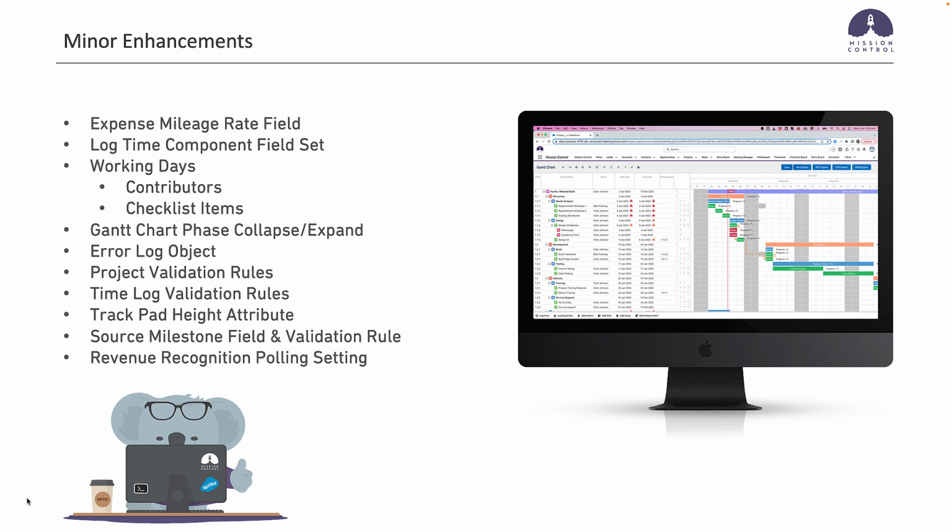For customers that are wanting to add the trackpad to their own Lightning pages, there's now a height attribute on that, so you can specify how high that needs to be. We've also added, when you clone a project or use auto generation functionality to clone a project, a source project field populated, which allows you to identify which project was used to clone or auto generate this project.